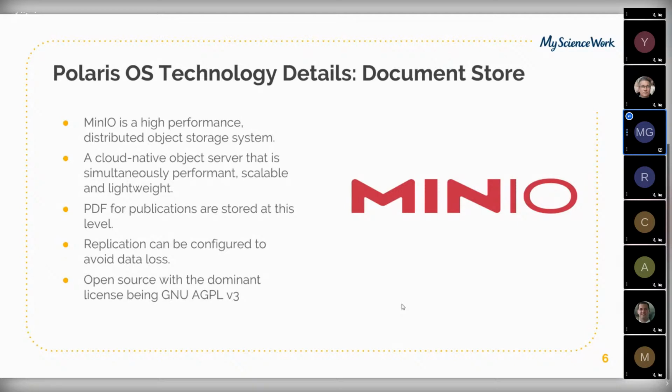Here, we use a standard interface of MinIO with just 2 or 3 buckets, depending on the installation, to store all the documents. What this means for Polaris OS is that we don't have to take care of where the files are stored, or how they are stored, or if there are too many for one single directory.